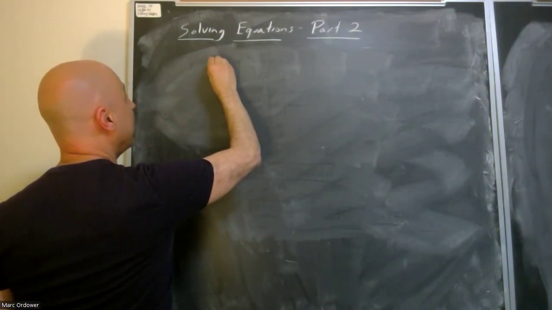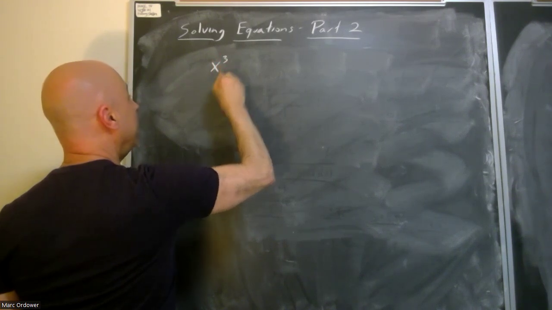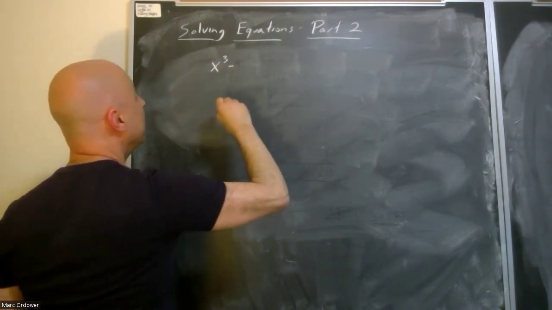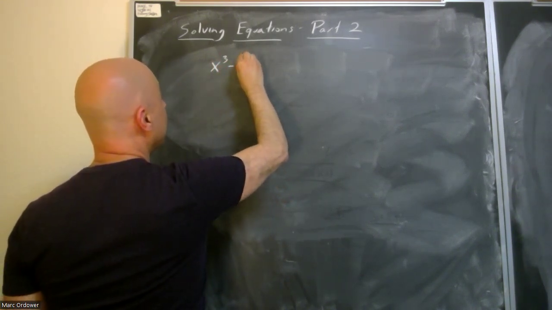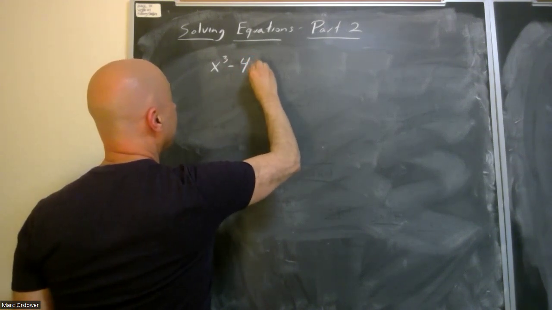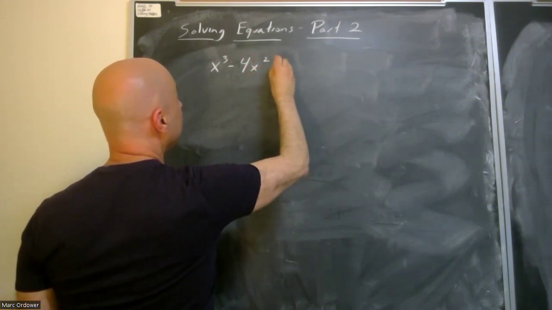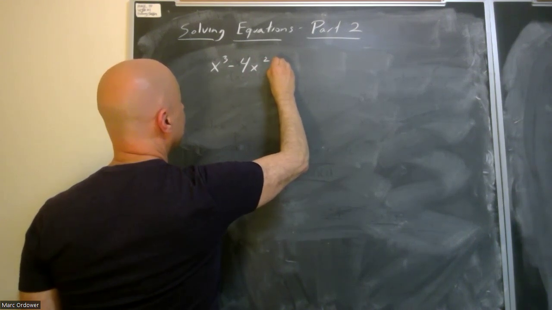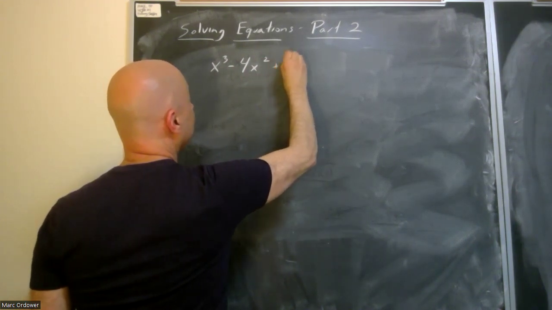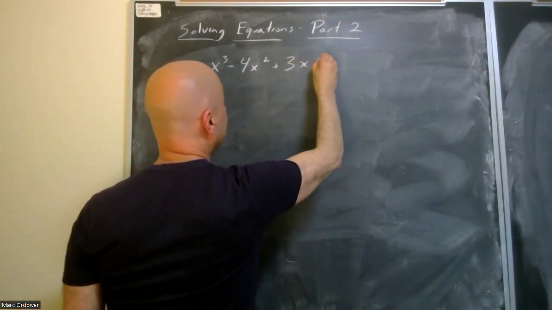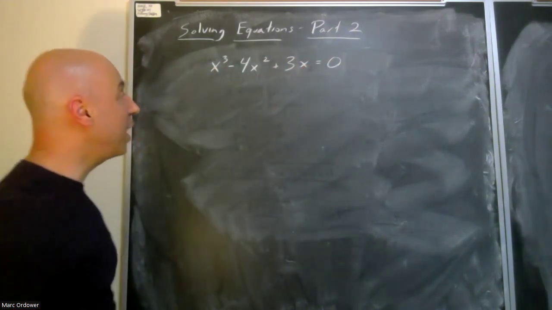How about we have x to the power 3 minus, let's say, 4x squared plus 3x equals 0. And now notice there's no constant term here.